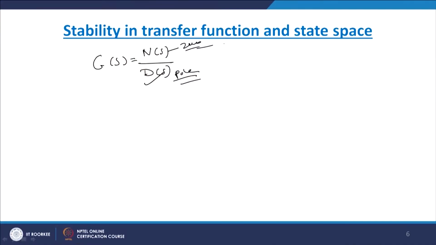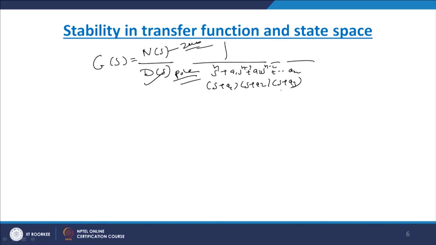This is maybe because of the pole. If you take any equation s raised to n plus a1 s raised to n minus 1 plus a2 s raised to n minus 2 up to an, and solve it, we get the characteristic equation in terms of s, let us say (s plus a1)(s plus a2)(s plus a3).